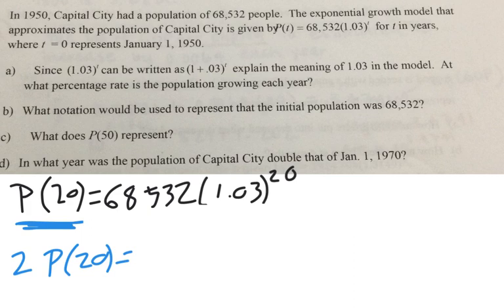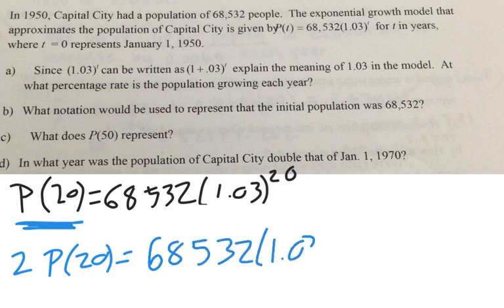Do we follow that logic? I'm doubling P of 20. And now I need to know how many years in the future t that is. So 68,532 times 1.03 raised to the 20th plus t.